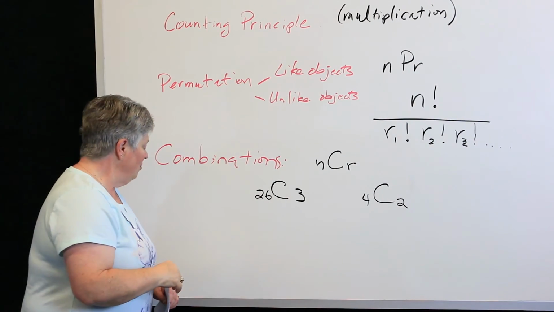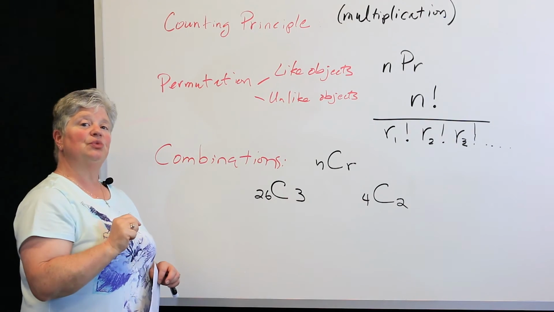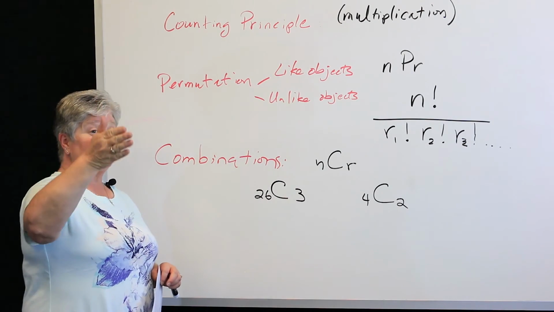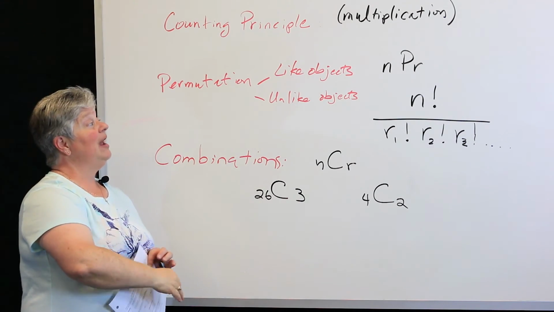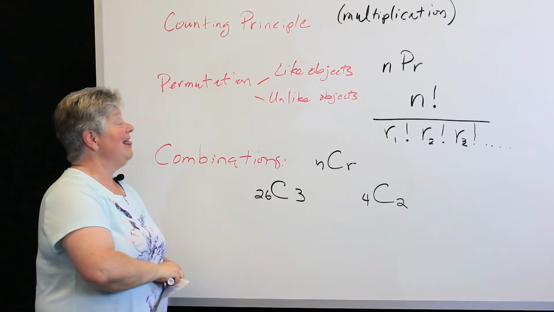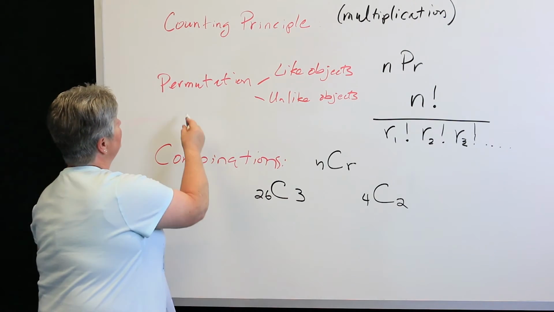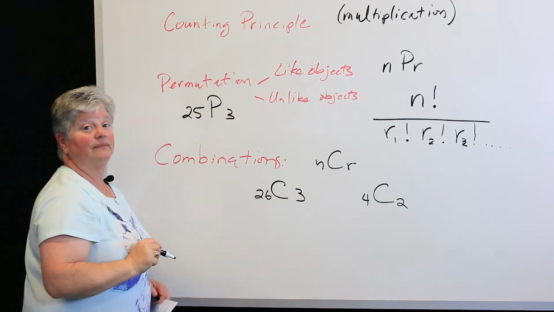Now, you may not think of that as order, but when I choose those 3 people, they can be chosen for any one of those 3 positions. So I am, in a sense, putting them in a particular order. That would be a permutation of 25, 3.